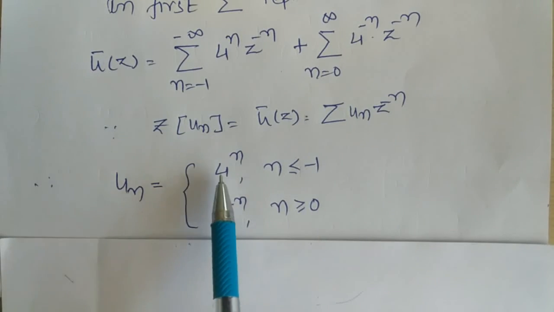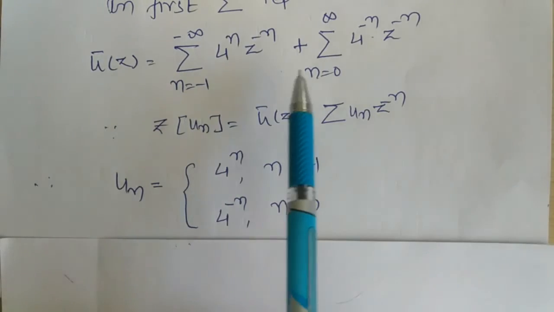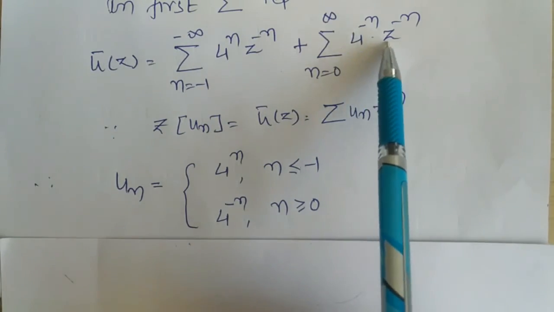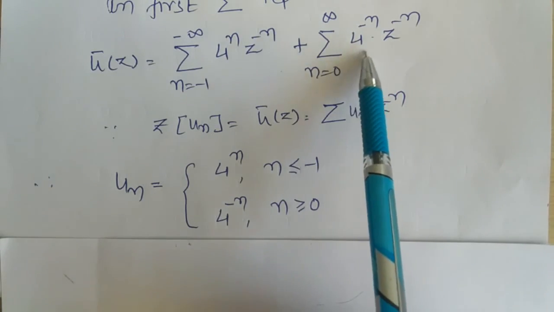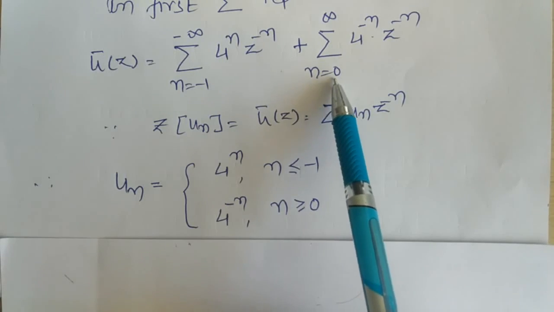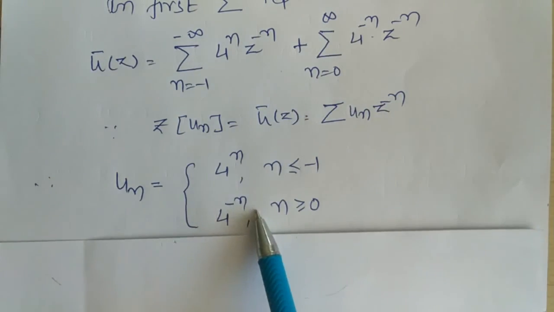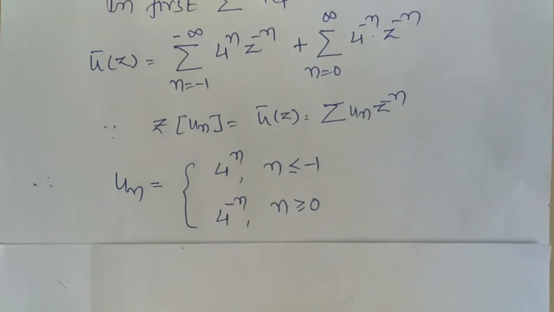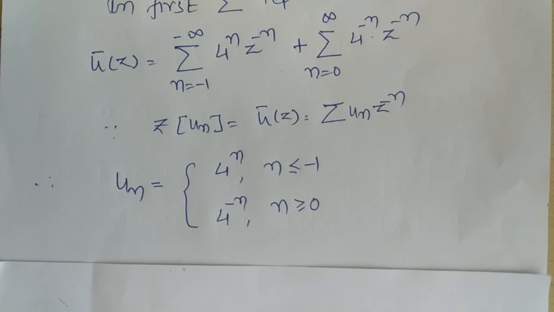So un is 4 power n for n less than or equal to -1, and un is 4 power minus n, coefficient of z power minus n is un, so un is 4 power minus n for n greater than or equal to 0, because n is varying from 0 to infinite. So this is the required inverse z transform of given u bar z using partial fraction technique.